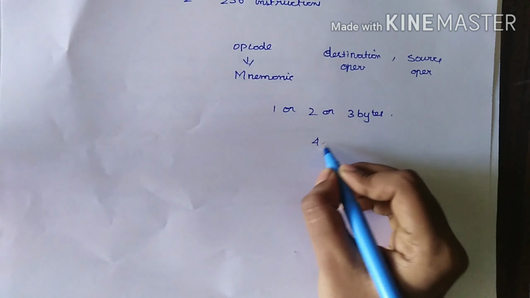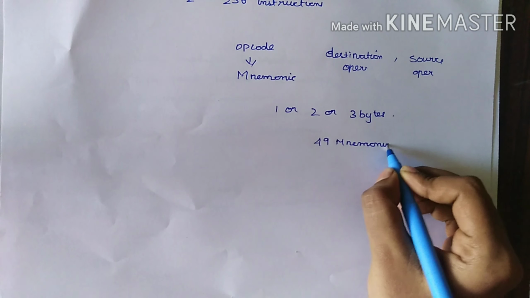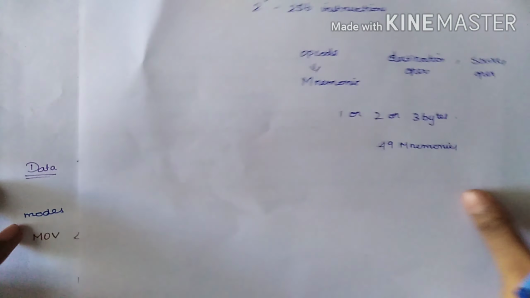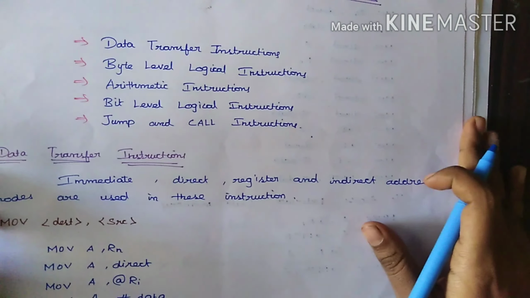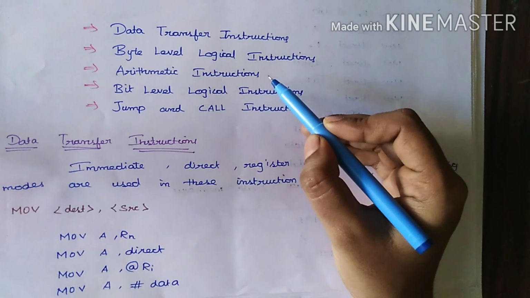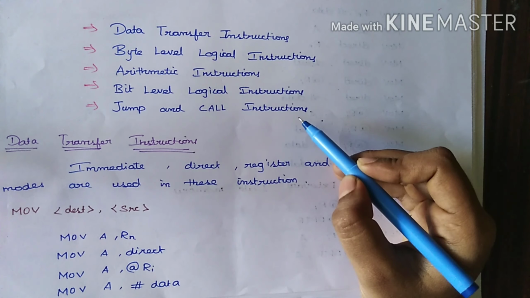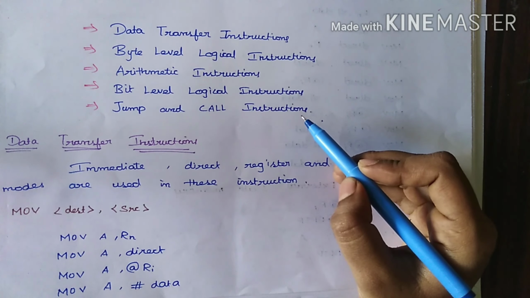Similarly, we have 49 mnemonics in this 8051 controller. These are grouped into 5 categories. They are data transfer instructions, byte level logical instructions, arithmetic instructions, bit level logical instructions, and finally jump and call instructions.